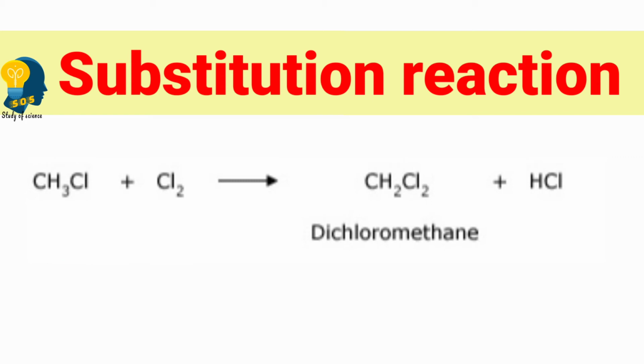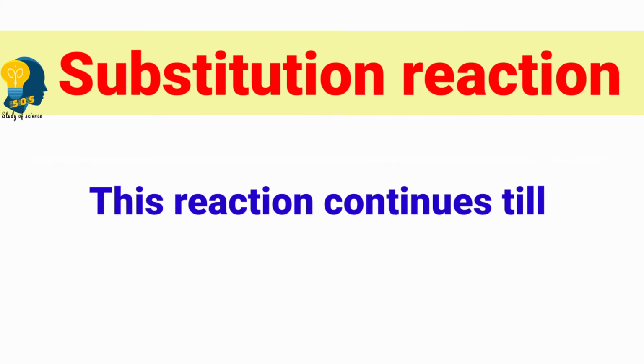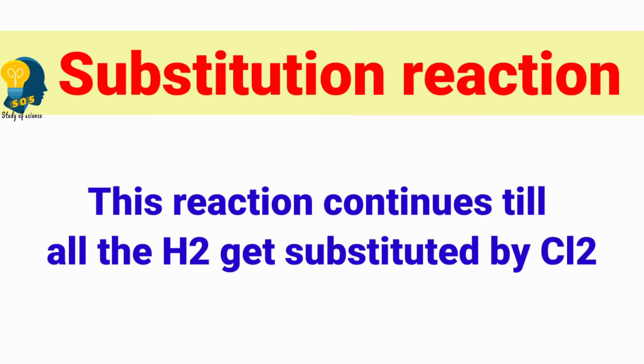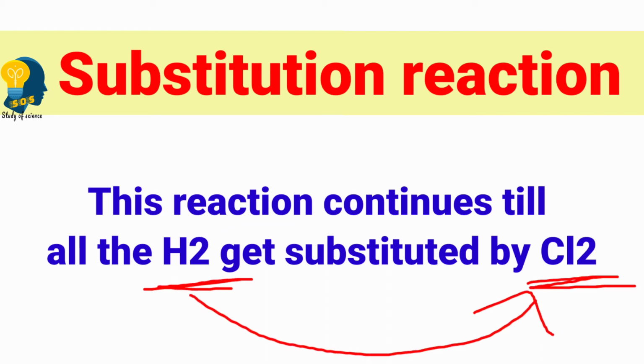As a result, again a new product, CH2Cl2, is formed, which is called dichloromethane. CH2Cl2 is dichloromethane. Along with it, HCl is also formed. And this reaction continues till all the hydrogen atoms are replaced by chlorine. And then the reaction stops.